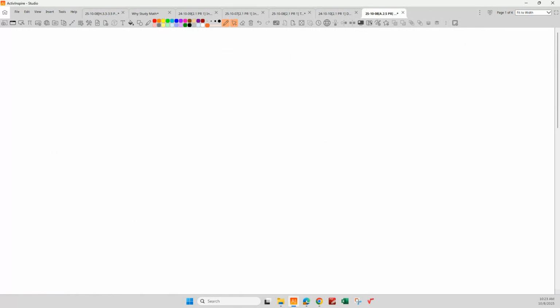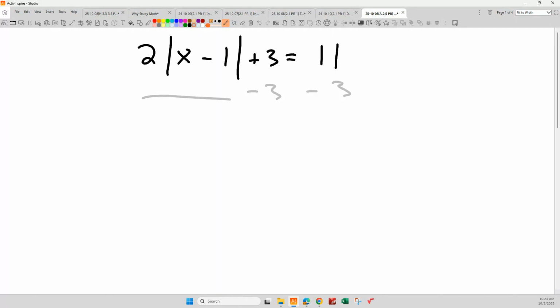How about if we have something like this? What do we do first? How come? What are we trying to do? Isolate the absolute value. So that's part one. So we subtract 3 from both sides.